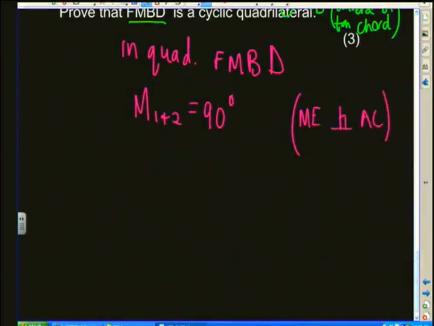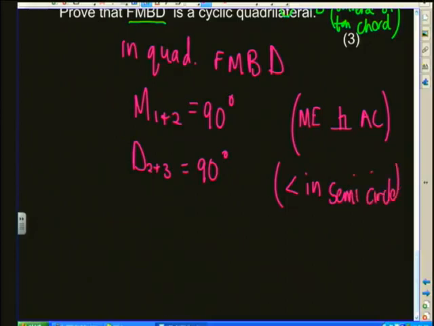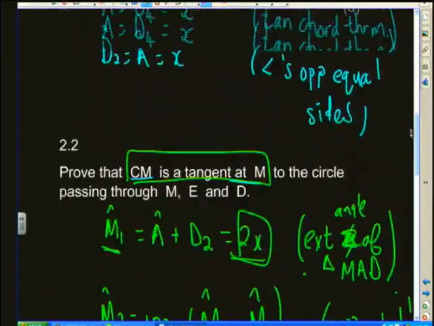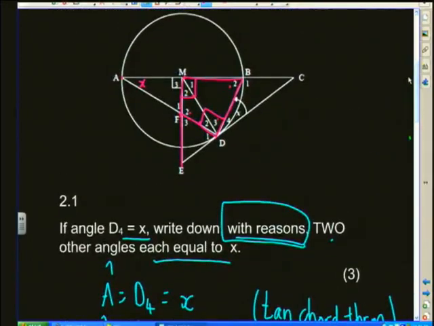We then need to state why angle D2 plus D3 is also equal to 90 degrees. The reason for that was angle in semicircle, or subtended by diameter BD. So going back to your diagram, D2 plus D3 was equal to 90 degrees because of angle in a semicircle, or you can state subtended by diameter AB.